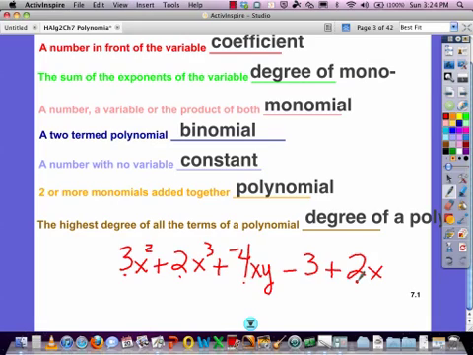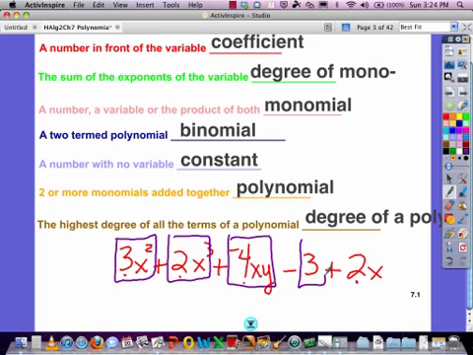They are the numbers in front of the variables. Then for the sum of the exponents of the variables, you look at each term by itself. Wherever the pluses and minuses are separates it into terms. So we have 1, 2, 3, 4, 5 terms, which is a polynomial, and the sum of the exponents of the variables only is the degree.